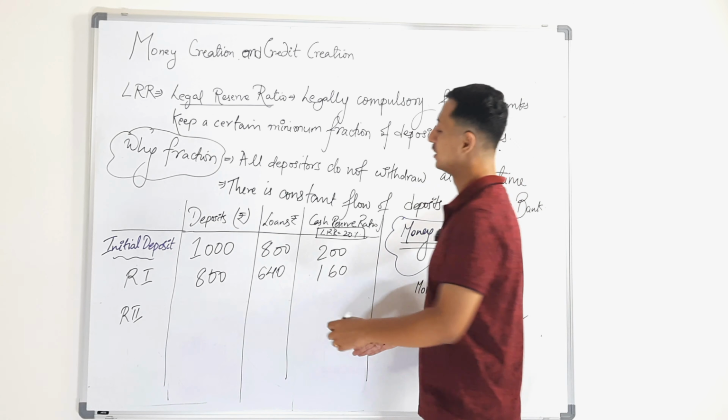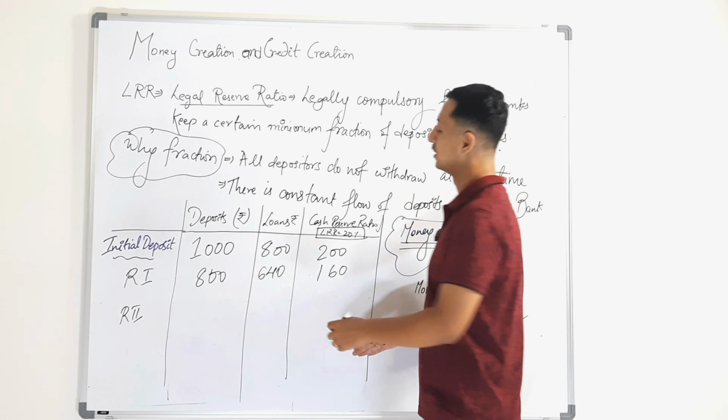Okay, right? So the total, as we know the money multiplier is 5 times, so the initial deposit being 1000, the total deposit will be 5000. Loans will be 4000 and total cash reserve will be 1000.